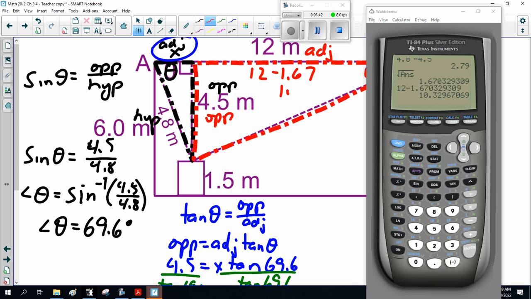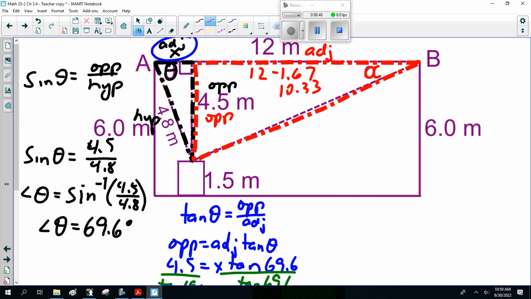$10.33. So now I'm looking for the angle when I have the adjacent and the opposite. So this is tan of theta again. The opposite is 4.5. The adjacent is 10.33.